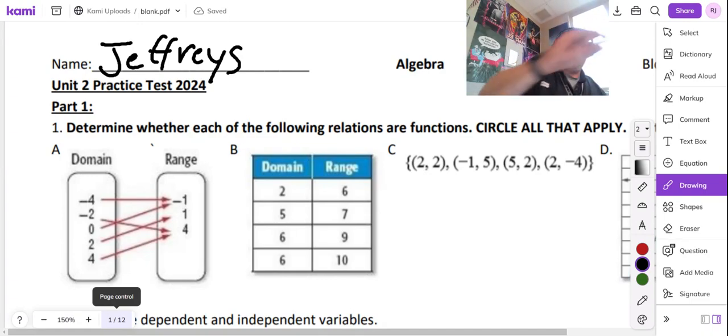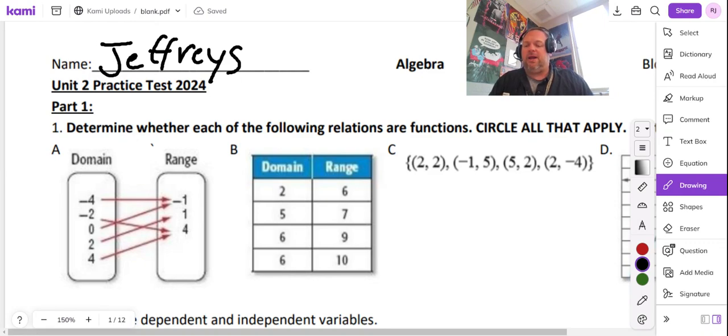All right. So determine whether each of the relations or functions, circle all that apply. What I put on my orange sheet for number one is X values don't repeat and it passes the vertical line test.